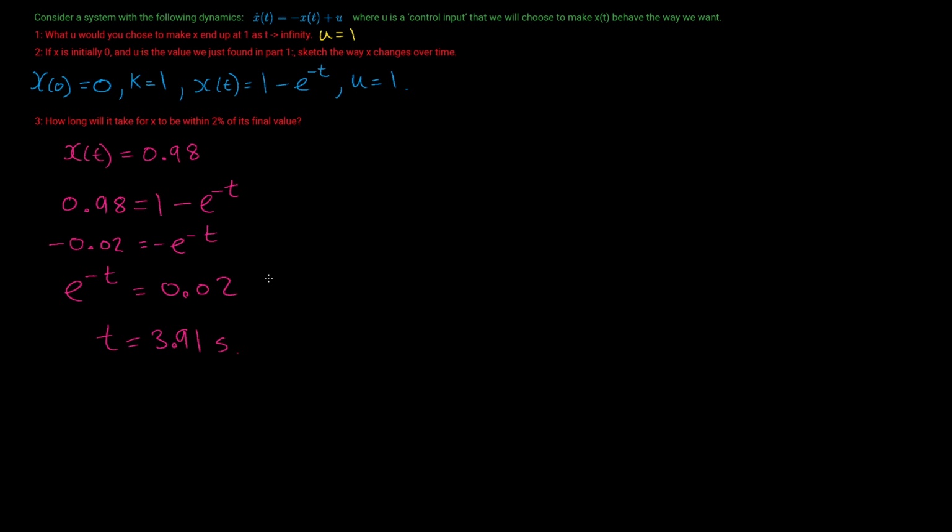Actually, I might just show that explicitly in case you're a little bit rusty on that. So taking the natural log, we would have ln e to the minus t is equal to ln 0.02, which would be just minus t, because these two things essentially cancel each other out, is equal to minus 3.912.